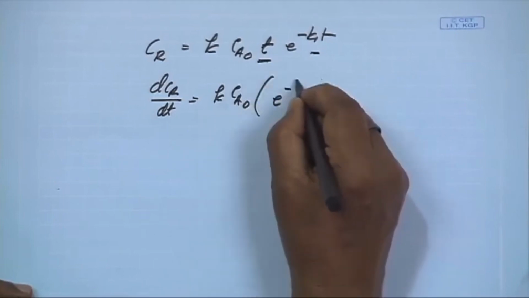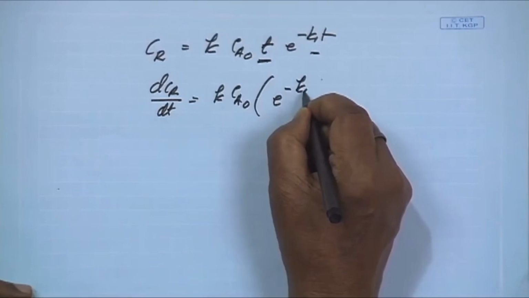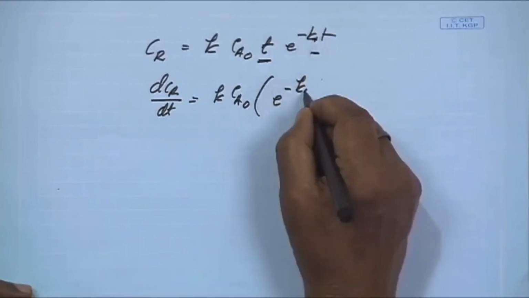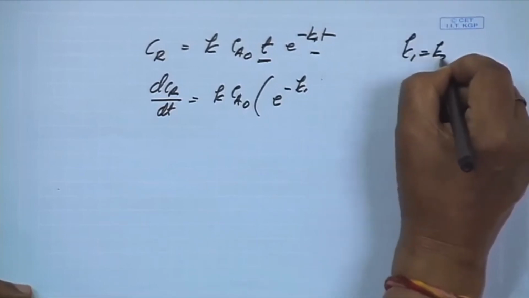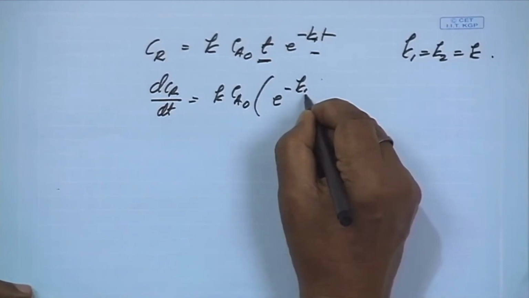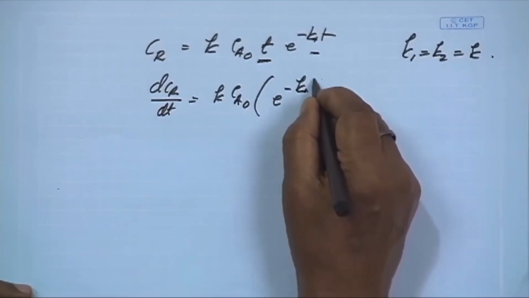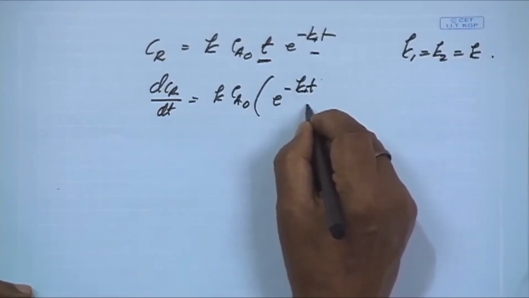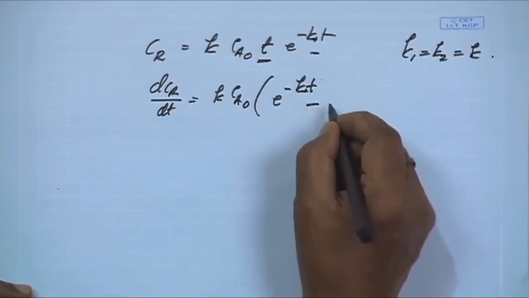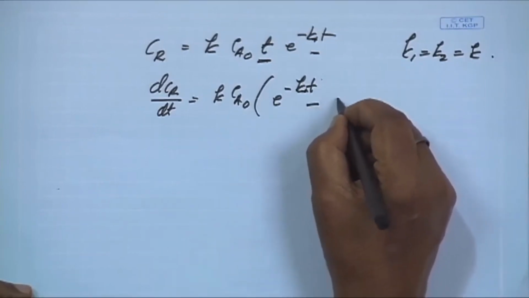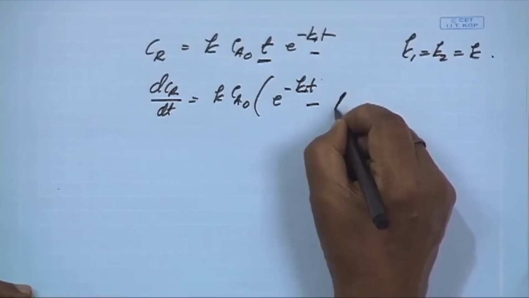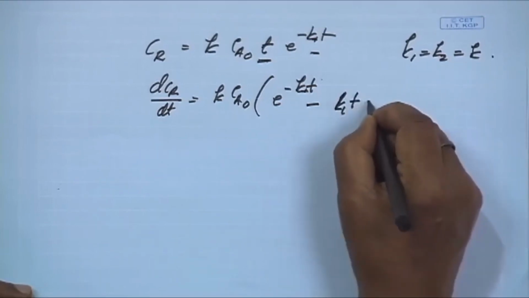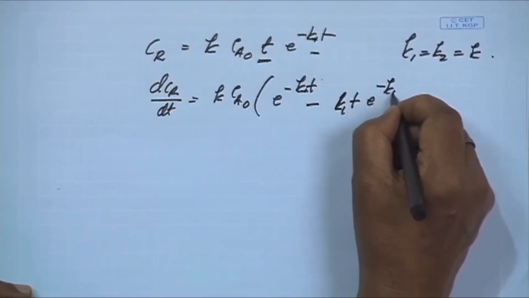This will be minus Kt, not K1t, because I can write K1 equal to K2 equal to K. So it is K, then minus t will be there, and this will be K1 t into e to the power minus K1t.